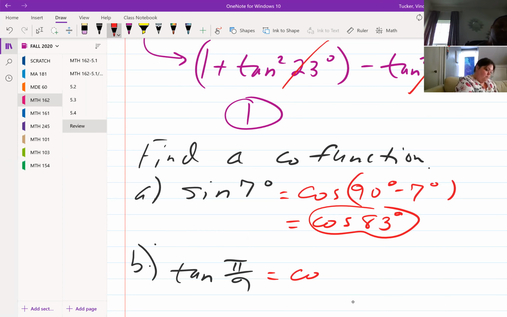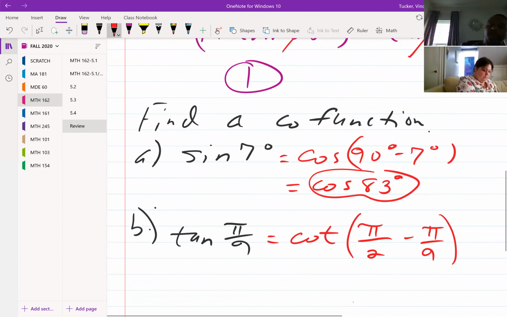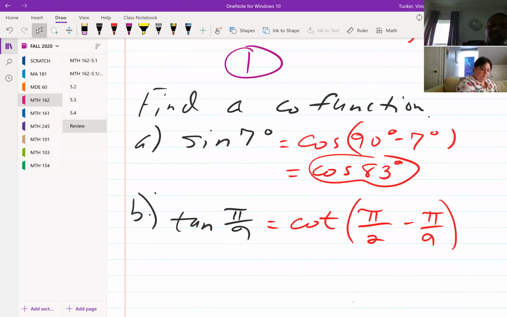All right, so same thing happens for this tangent of pi over 9, so we're going to use cotangent, and we're dealing with radians, so this would be pi over 2 minus pi over 9. Need a common denominator. That'd be 18 for us.